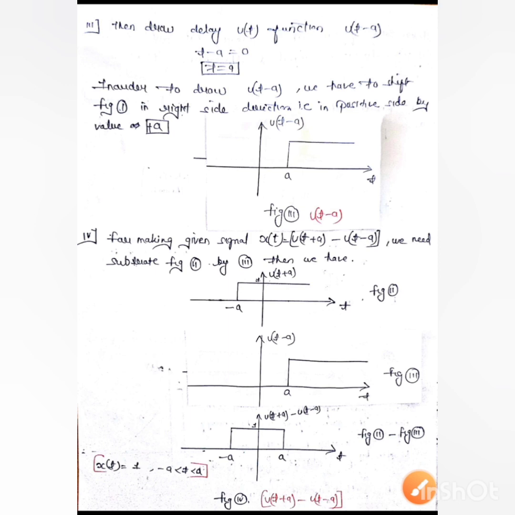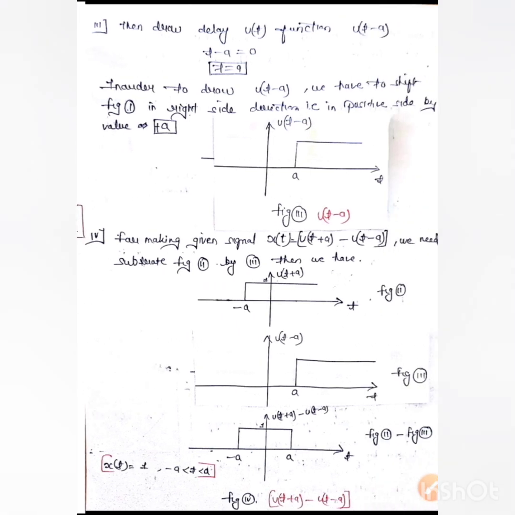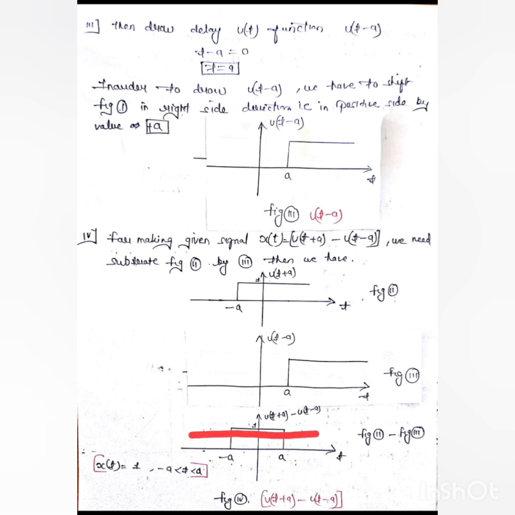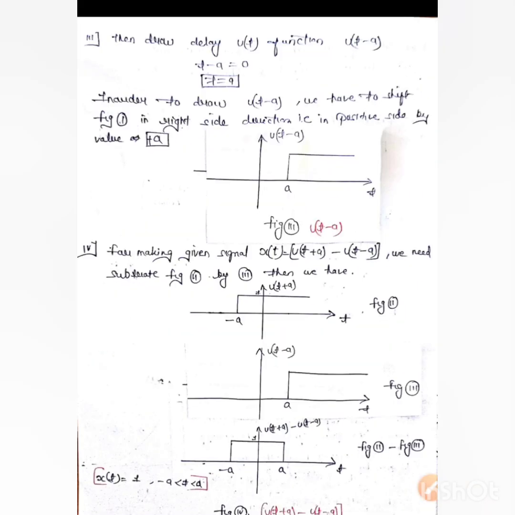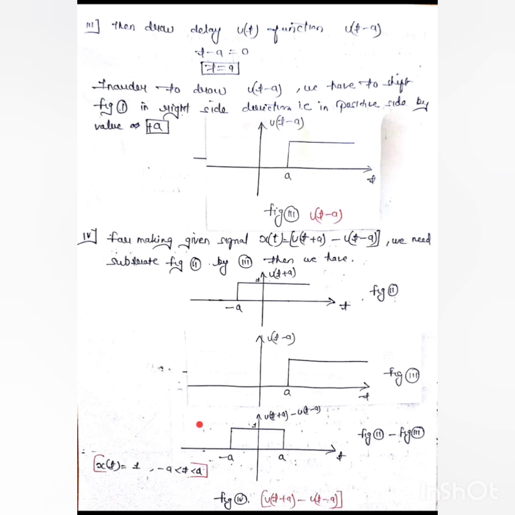So now we have to check this signal for power signal or energy signal. As you can see, the value of this particular figure is 1 only, and the range is minus a to a. Now here, as from the figure, the value of u(t+a) minus u(t-a) will be 1, as the magnitude is always 1 for the u(t) function.